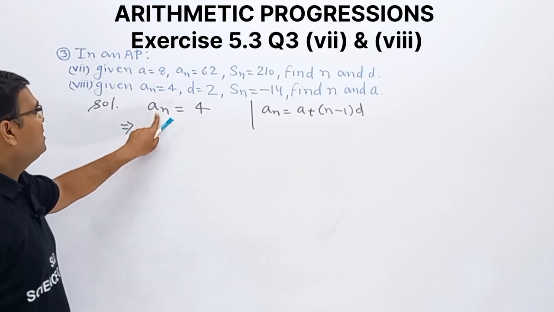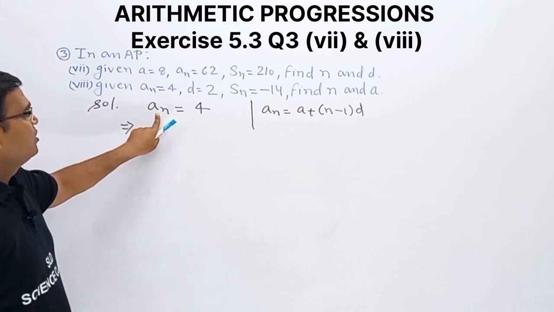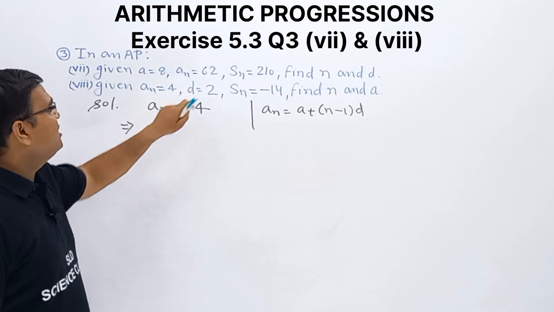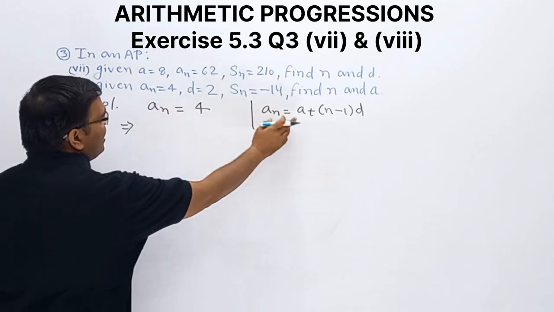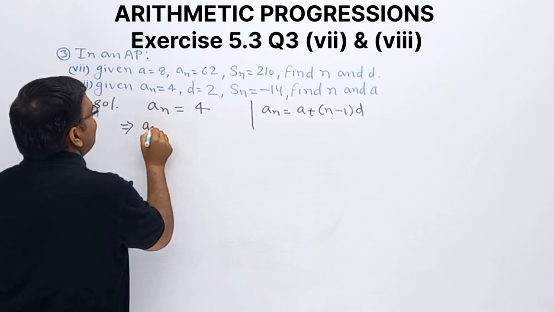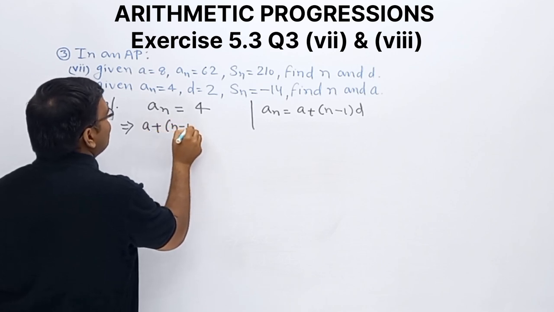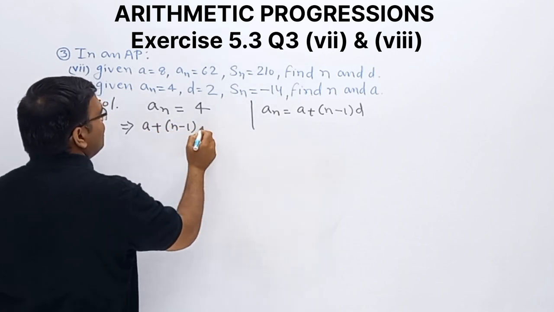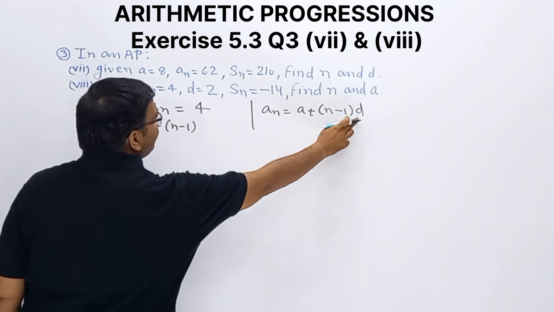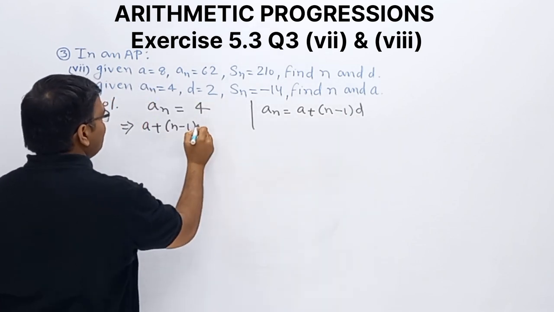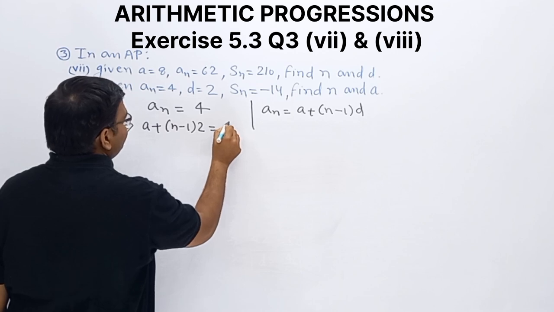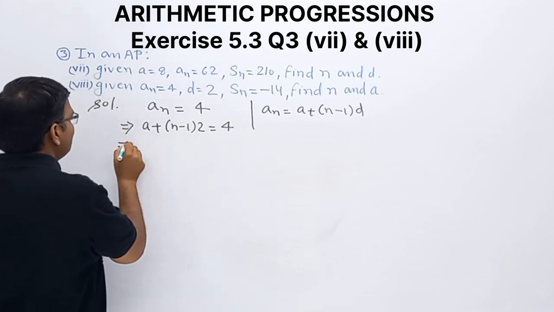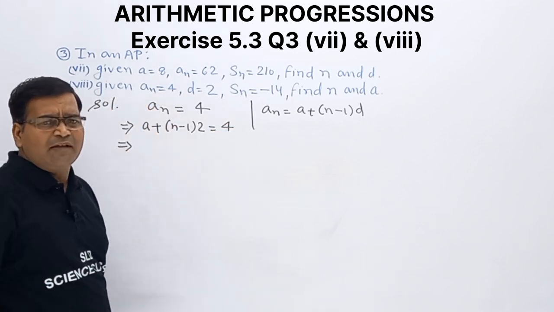So An can be written as An equal to 4, in which we are having D. So solve for the A. At this place I am writing this formula, A plus n minus 1 into D. D is 2, it is given in the question, equal to 4. Clear? Simple.